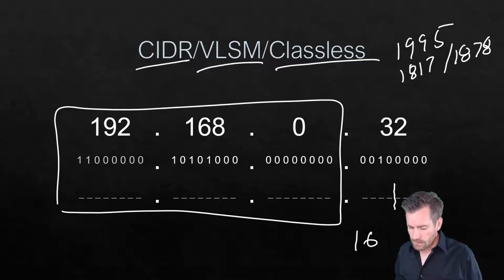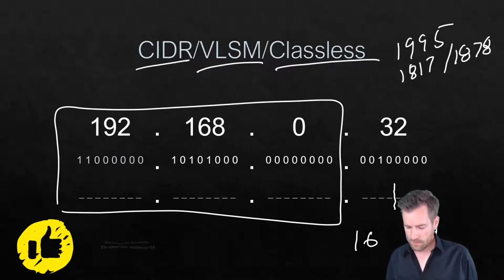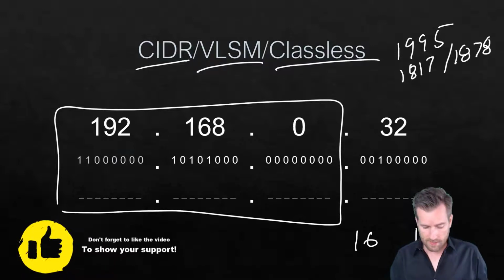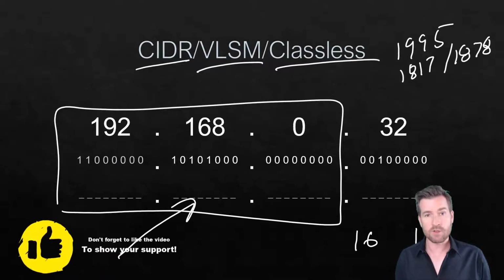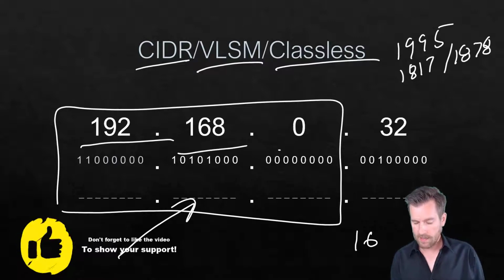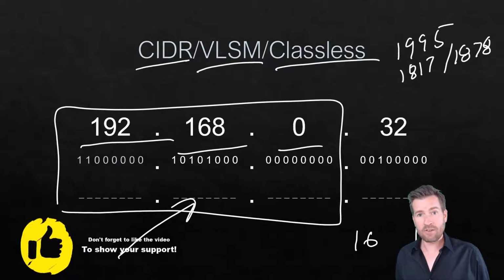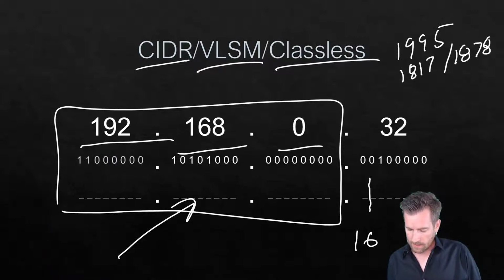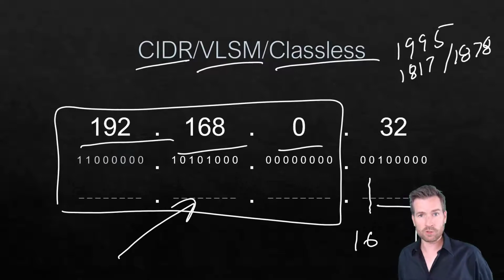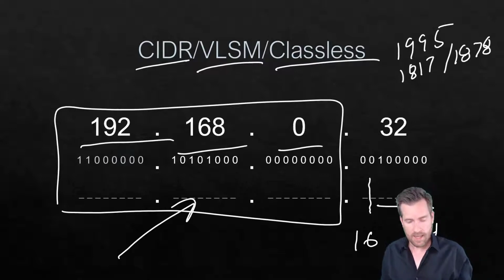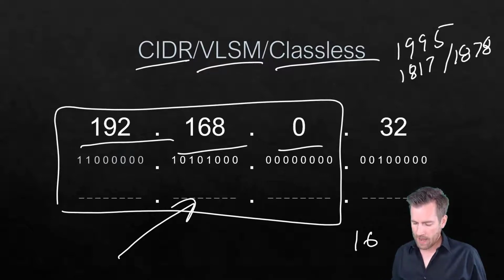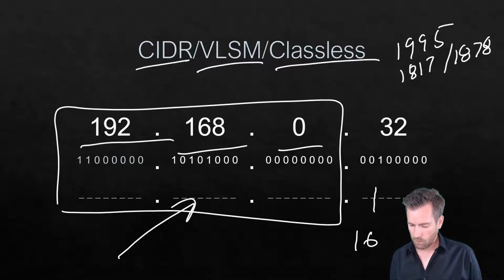networks. And so what variable length subnet masking is, within this network that was handed to me, 192.168.0, I can have a network that's divided where I just have 1 bit that represents the network and the rest represents the host for the first network. And the next one, perhaps I have a different network.